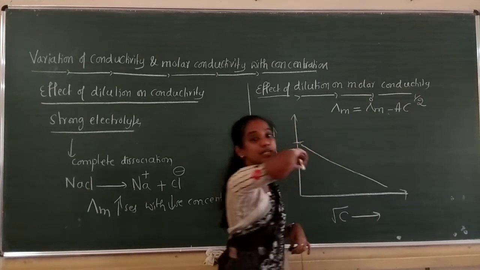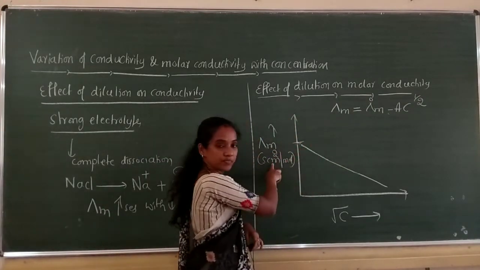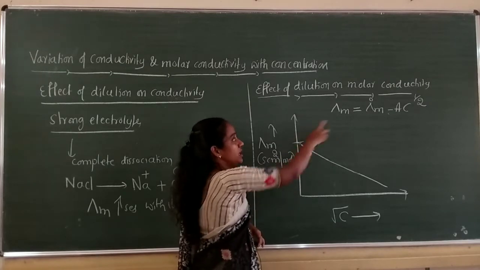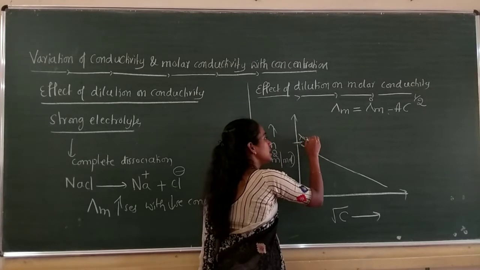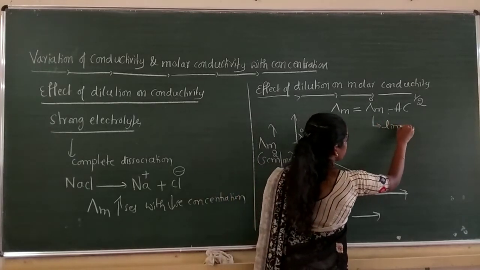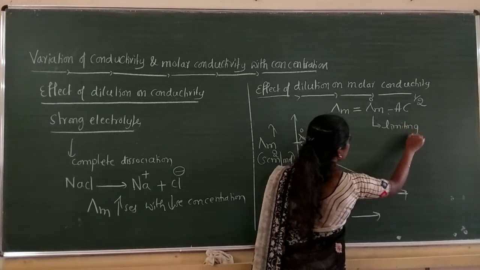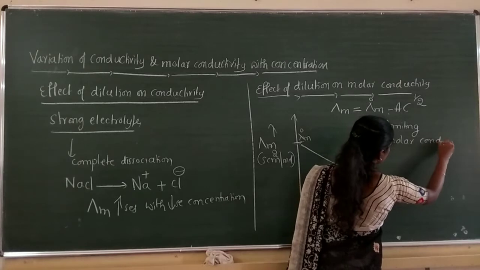This is known as the Debye-Huckel-Onsager equation, where lambda m is molar conductivity and lambda m naught is limiting molar conductivity.